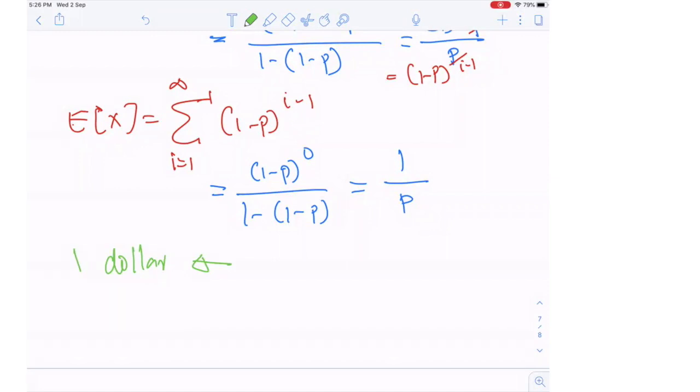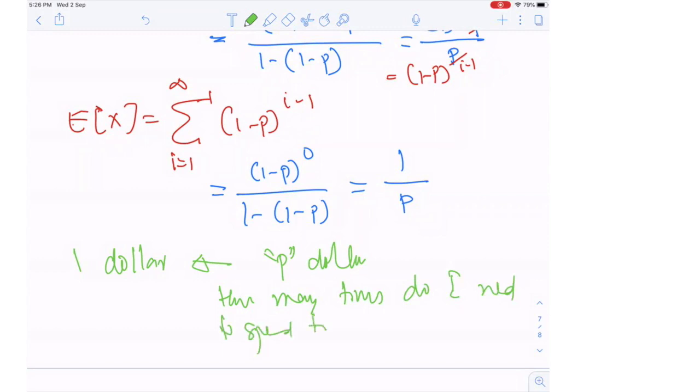So like p dollars. So how many times do I need to spend to get $1? It is 1 over p, right? So this is also a very simple way to keep this in our head.